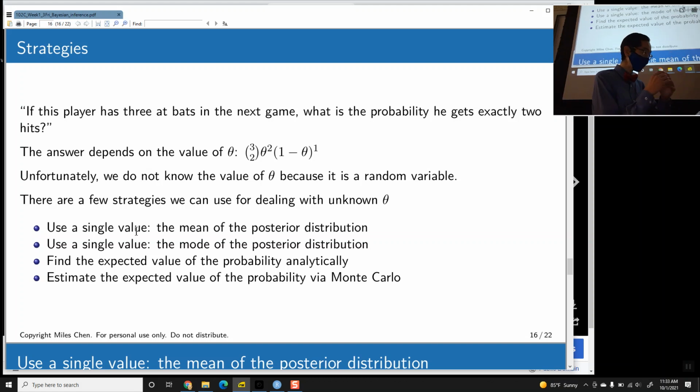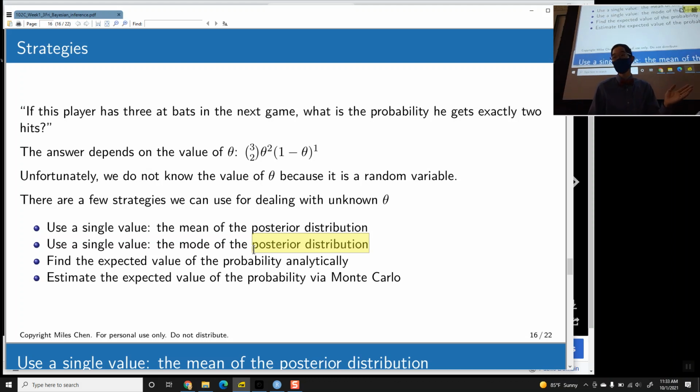One is we can use a single value. We've got our posterior distribution, so let's use the mean of the posterior distribution and plug it in here. Someone says, oh no, let's use the mode and plug it in. We can also find this value analytically.